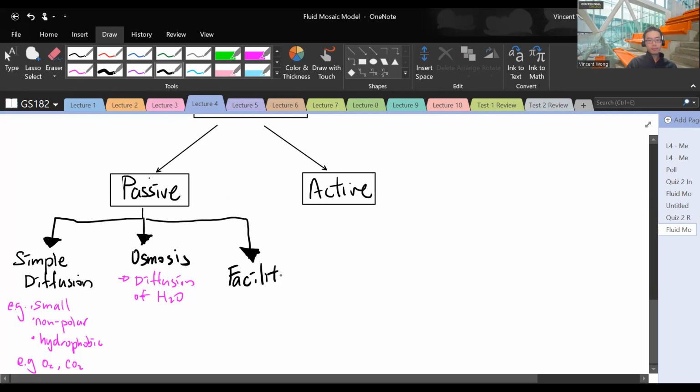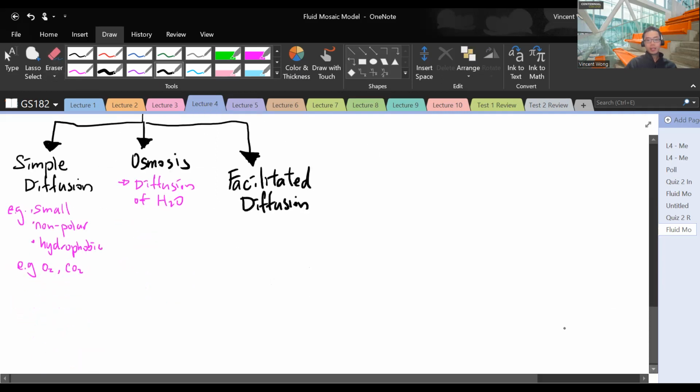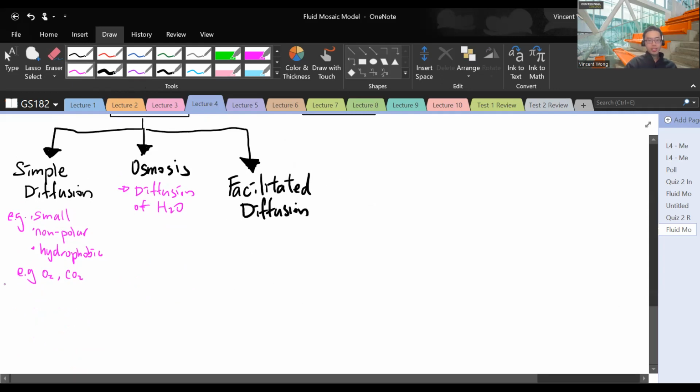Okay, so this is moving things across the cell membrane with the help of a membrane protein.